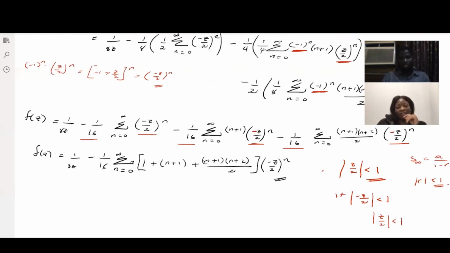So the series will be valid, or it will converge, when the absolute value of z over 2 is less than 1. Do you understand? I do, yeah. And this is the required Laurent series we want to obtain. Good.